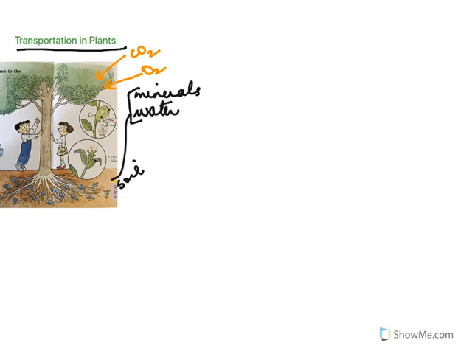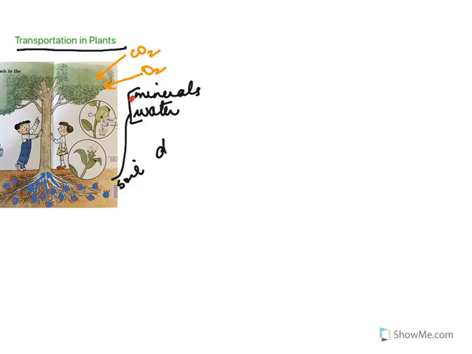So here you can see in the picture there are these drops of water, and these drops of water enter into the tree with the help of the roots, and together with that many of these minerals also enter the water. Together with the minerals, they enter the plant through the root by a process of diffusion.